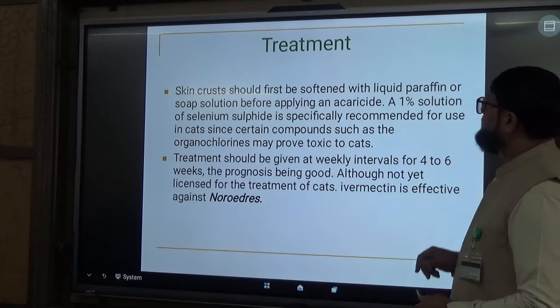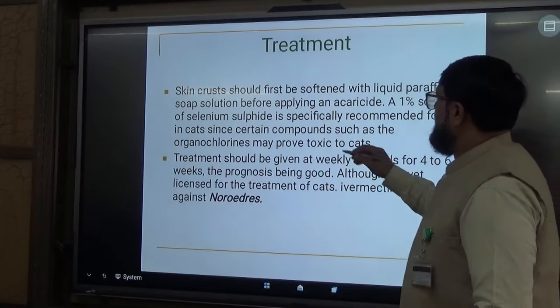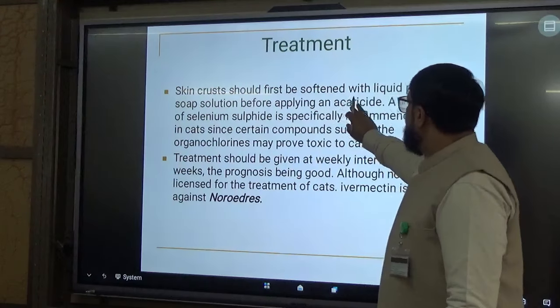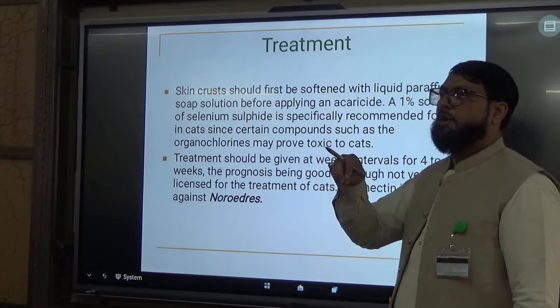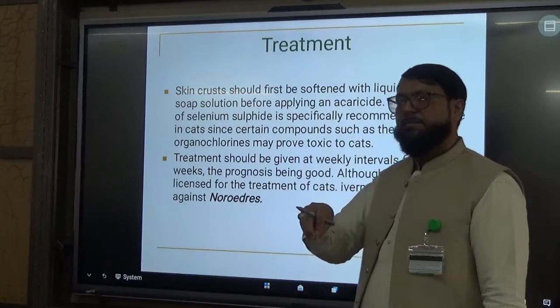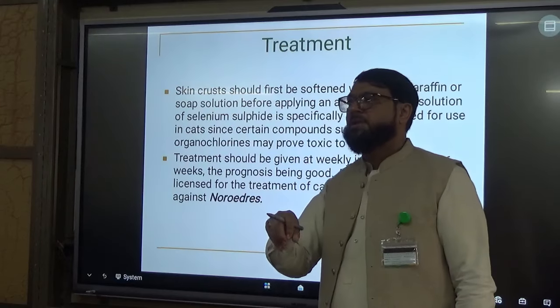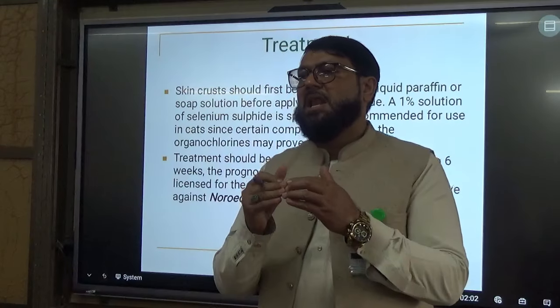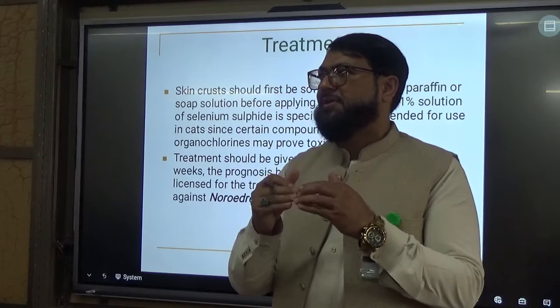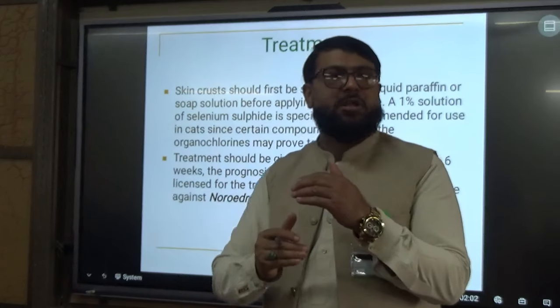How do we treat it? So here, skin crust should be softened with liquid paraffin so that you can reach up to the skin which is hidden below that crust. Because otherwise, if you are just applying everything on that crust, that is not allowing the chemical or the drug to reach the skin where it is actually required.